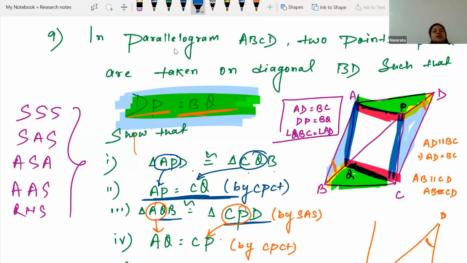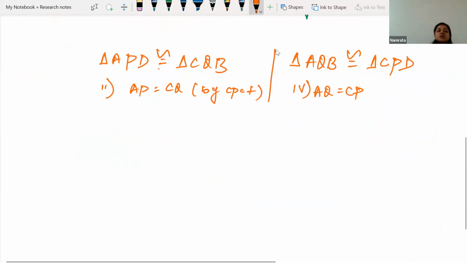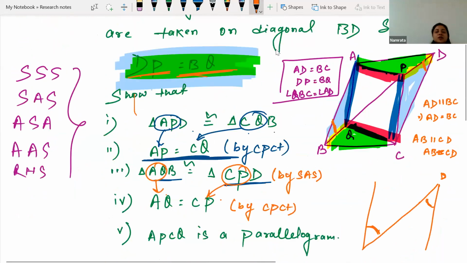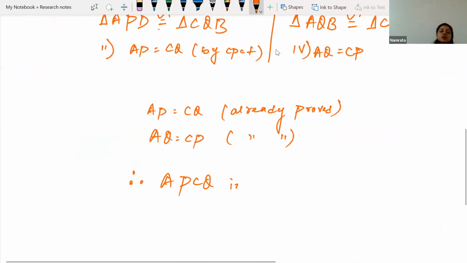So we will say AP is equal to CQ, already proved. AQ is equal to CP, again already proved. Therefore APCQ is a parallelogram.